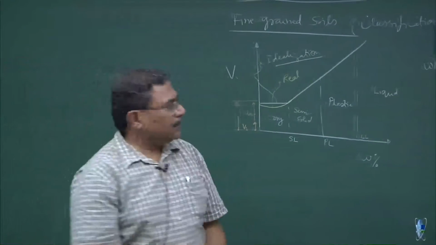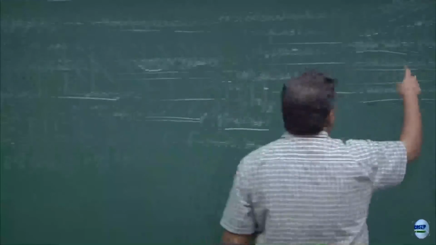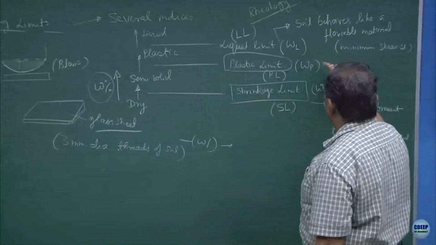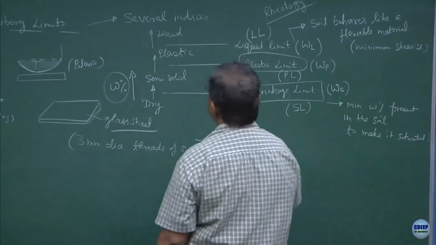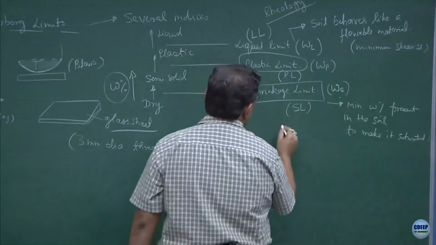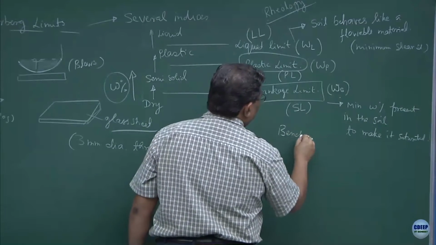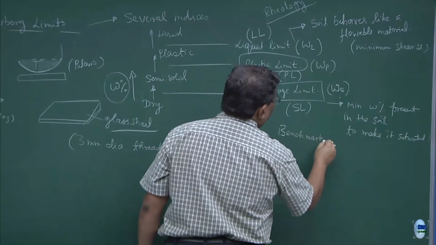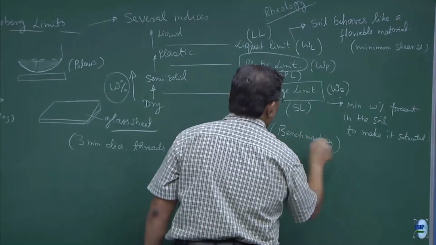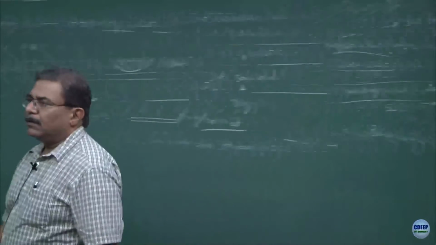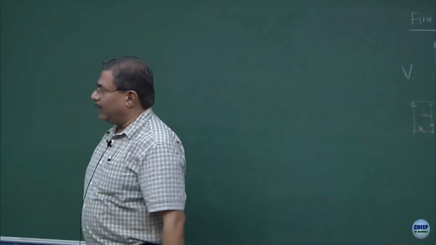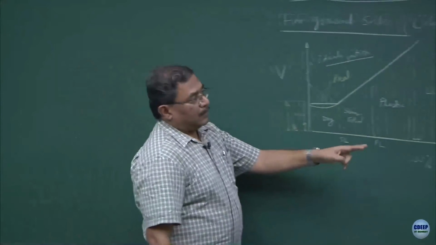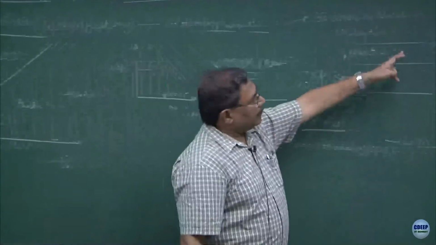Fine. So these are the moisture contents which become benchmark moisture contents. So truly speaking, what we are doing is benchmarking of the soil mass. In whatever field of engineering and technology you are working, you have to consider the state of the material.